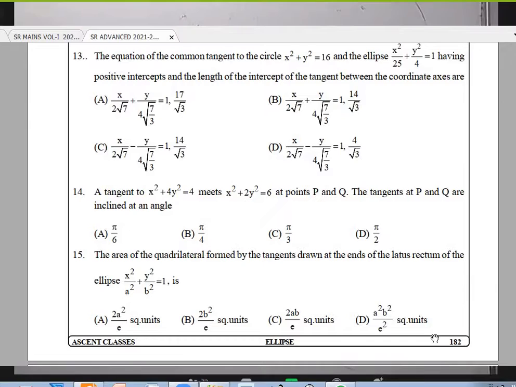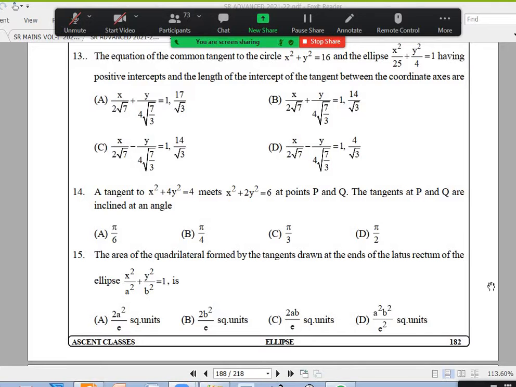Okay, let us see what are the equations. x square by 4 plus y square by 1 equal to 1. Another one is x square by 6 plus y square by 3 equal to 1.